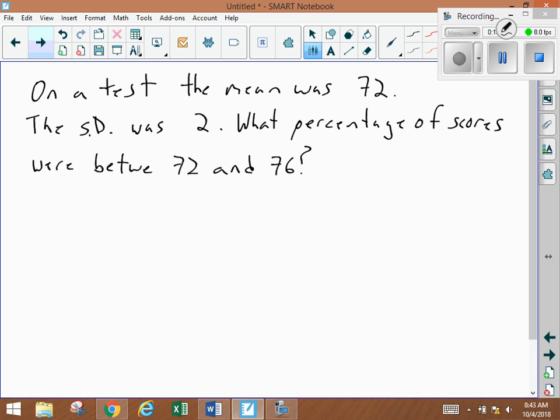To do this, I can use the empirical rule. When I use the empirical rule, I like to draw a picture. Shoot, I like to draw pictures anyway. Remembering that if we're going to use this normal curve, our mean is right in the middle.